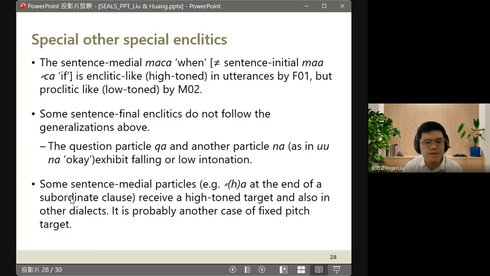Plus, some sentence-medial particles receive a high tone target, also in other dialects. It is probably another case of fixed pitch target, or some special case like a high phrasal tone for these sentence-medial particles, as suggested for other languages like Kanakanavu. The topic marker ya also receives a high right boundary tone.